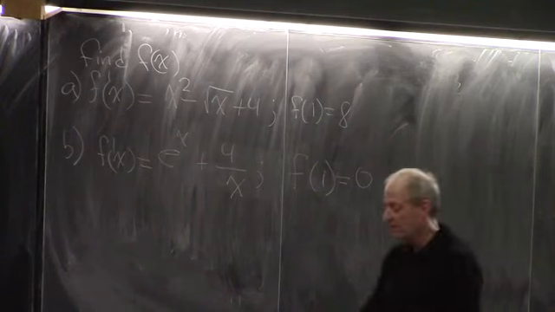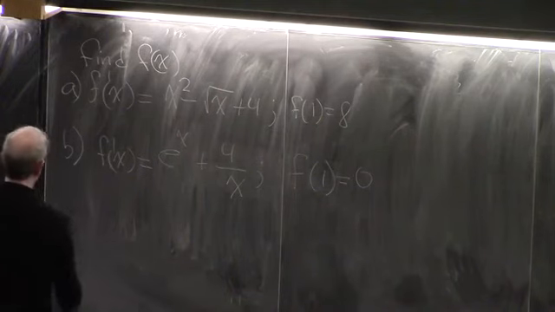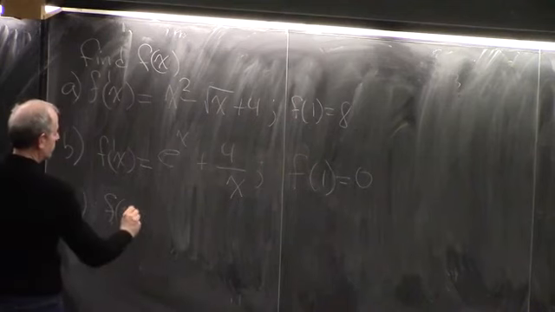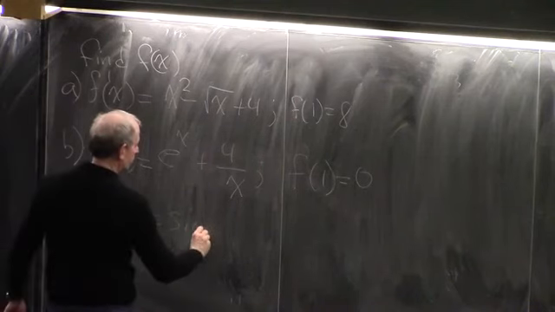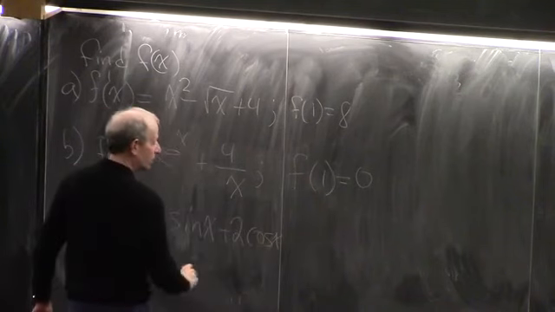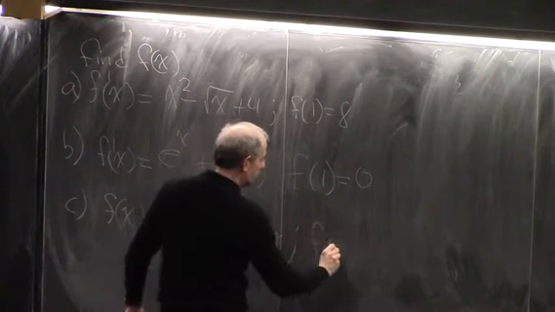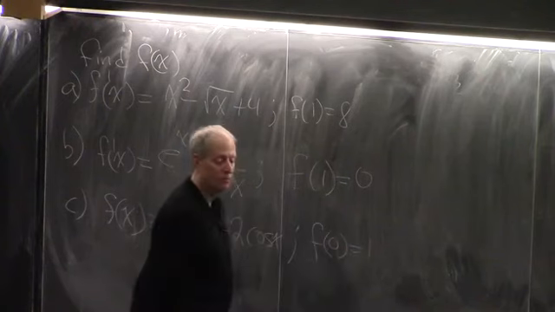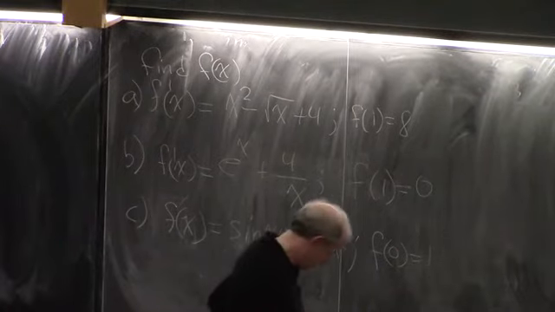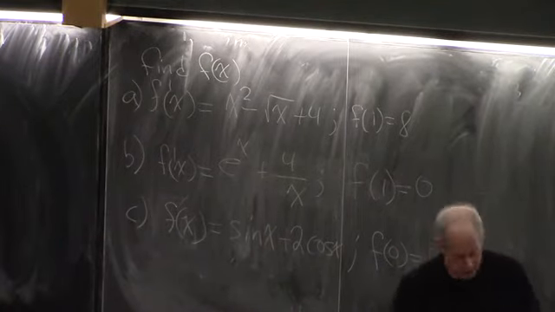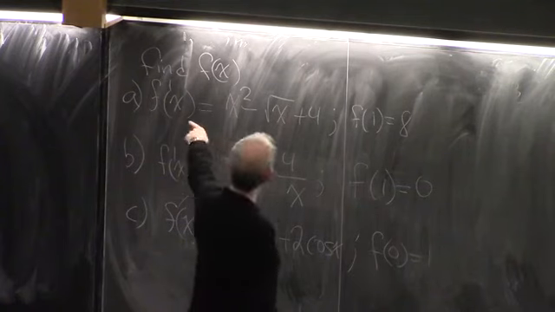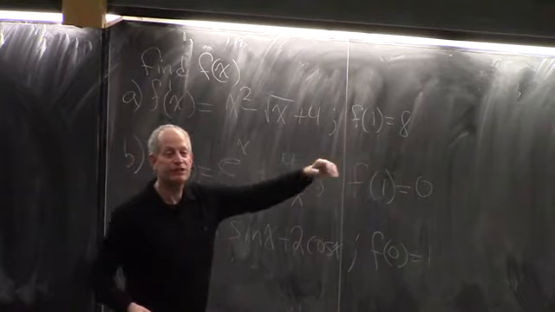Let's look at it. Easy problem. f prime of x is x squared minus radical x plus 4.